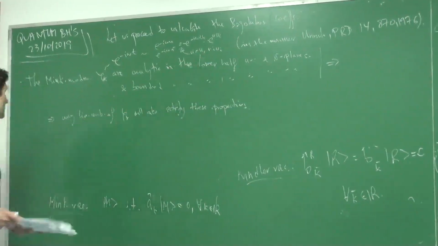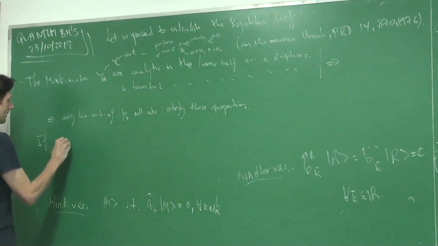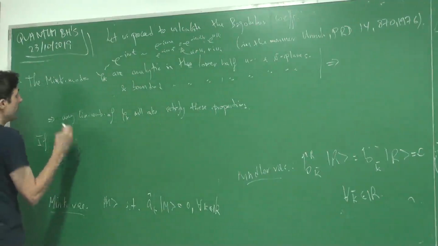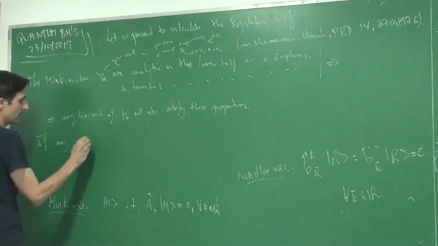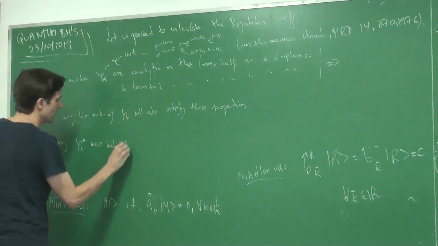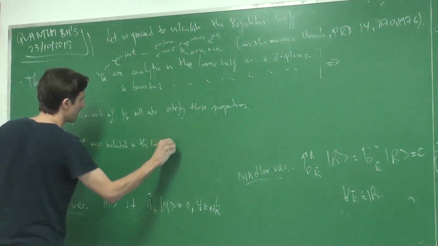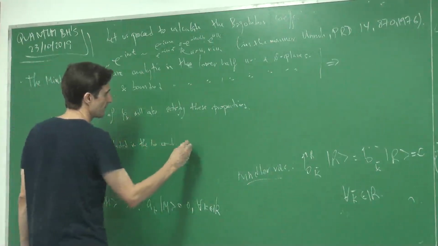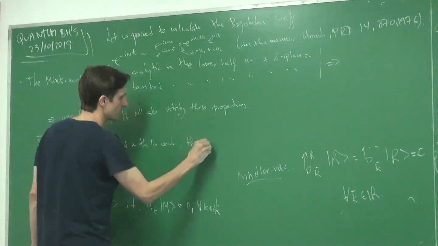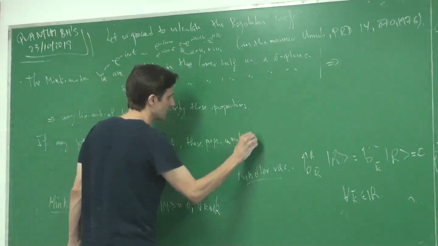Okay? So if any negative frequency mode phi k star were included in the linear combination, these properties would not be satisfied.